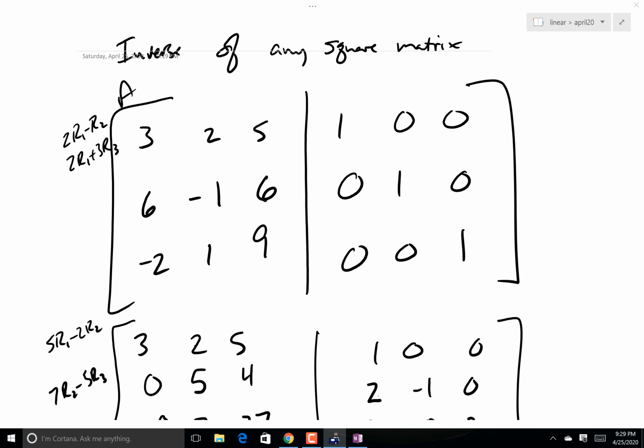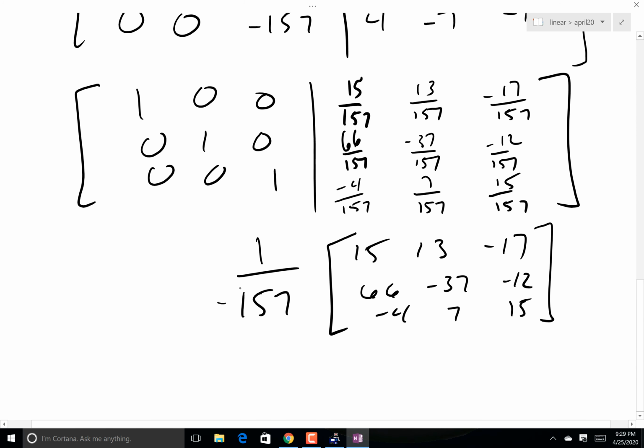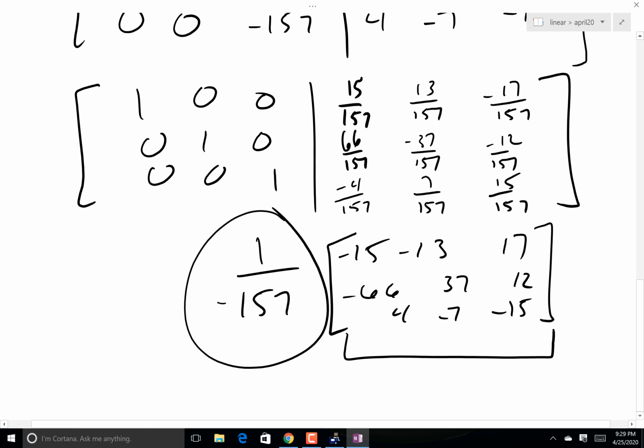So if I pulled this guy out, darn it. What you end up with is this. And so it turns out that every time you have an inverse, it'll always be 1 over the determinant times a new matrix piece.